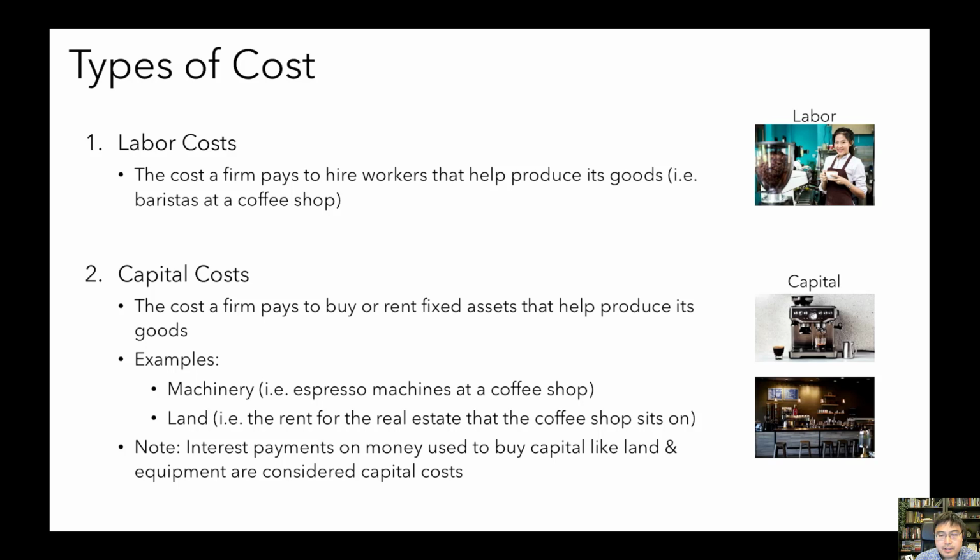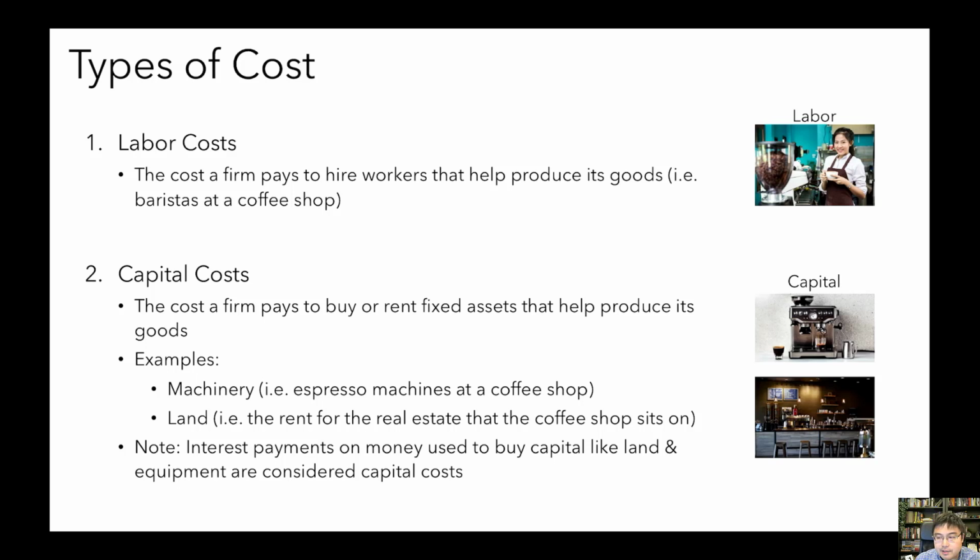But it's also important to think about production costs from a smaller picture perspective, because costs are also something that companies have to think about day in and day out. So what are some of the types of costs that firms incur? Now, if there's anything that I want you to take away from this course as a whole, I think these next two slides are certainly going to be among the very top, because they're going to be practical for you regardless of which kind of business you go into.